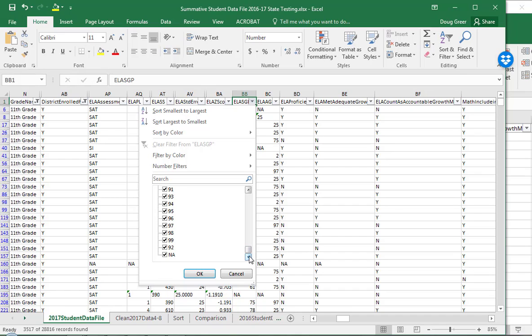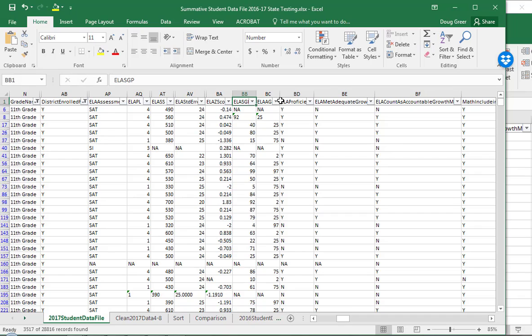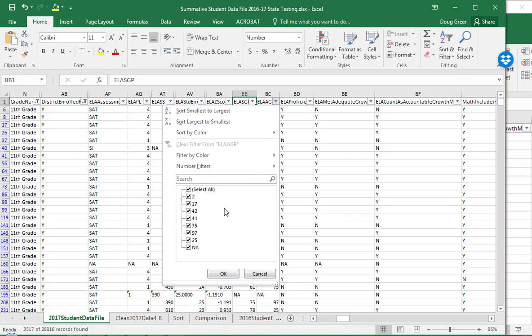So we get this flat distribution, and we get expected values for student growth percentiles at the 11th grade. But what we do not get is this wide range of adequate growth targets.